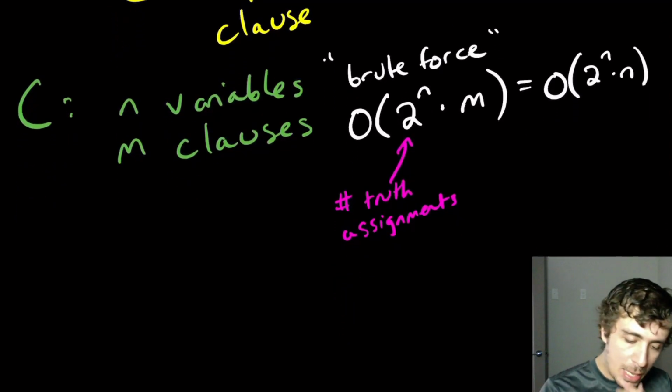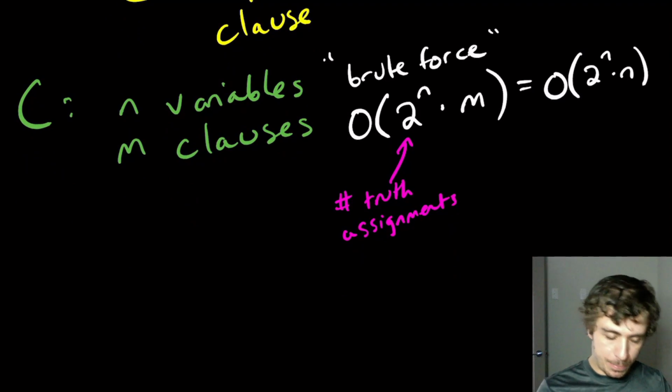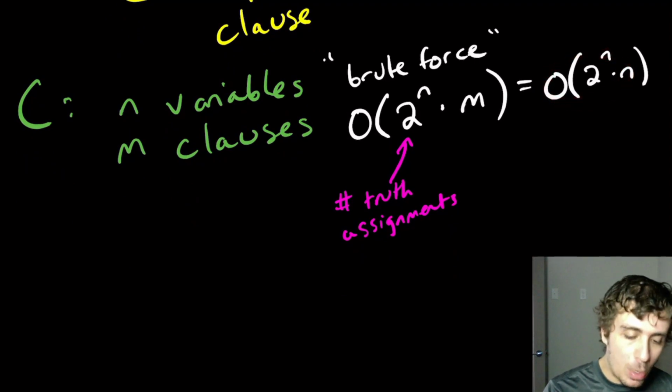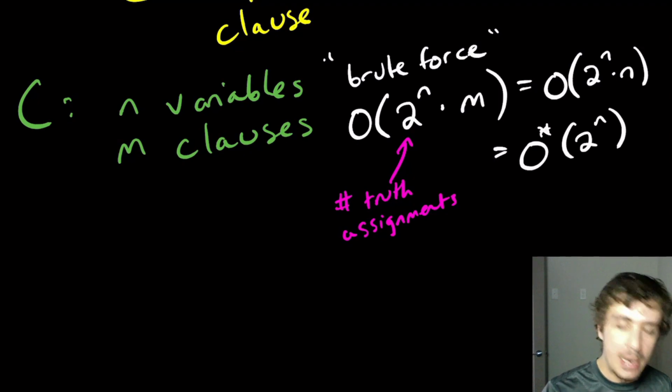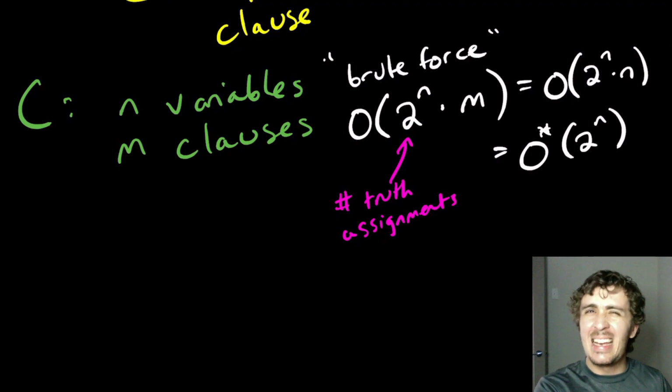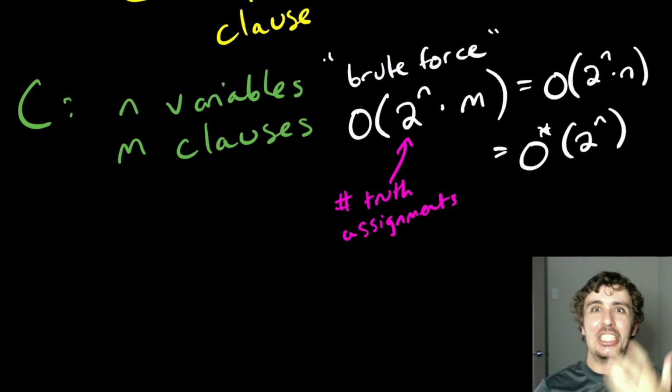And we will shorten this to sometimes saying big O star of 2 to the n, because that little n is kind of irrelevant because the 2 to the n is so much bigger than the n.